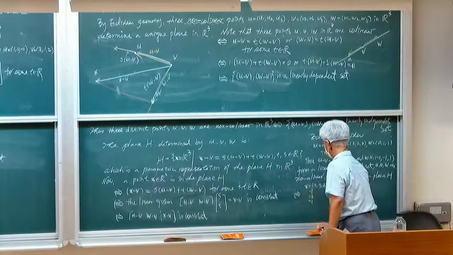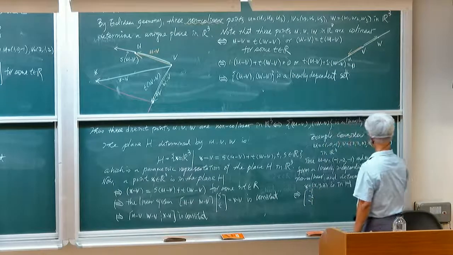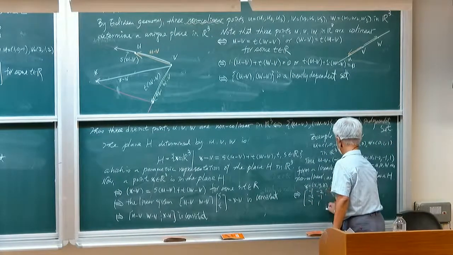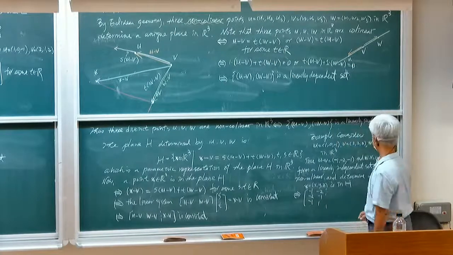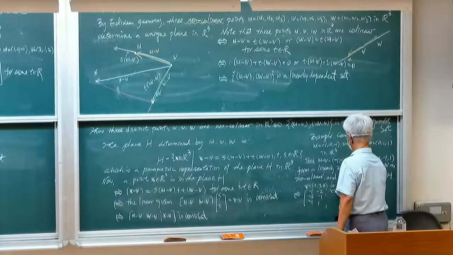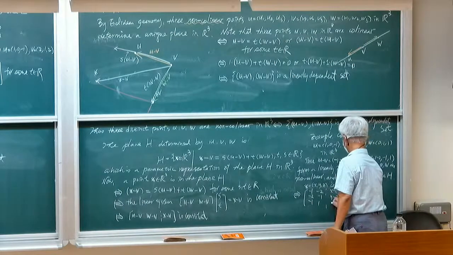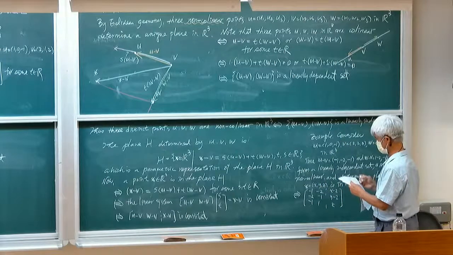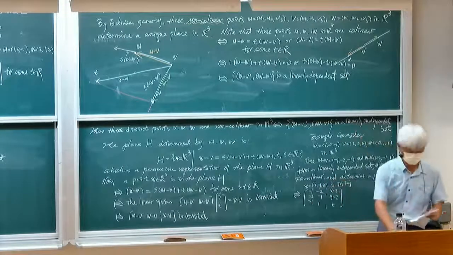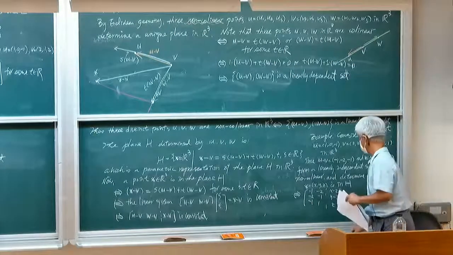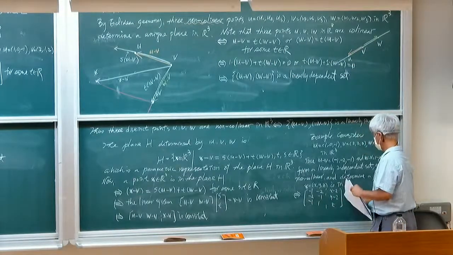This is the first column. And the second column is minus 2, minus 1, and 1. And then x minus 2, y minus 2, and z. All right, it's consistent.